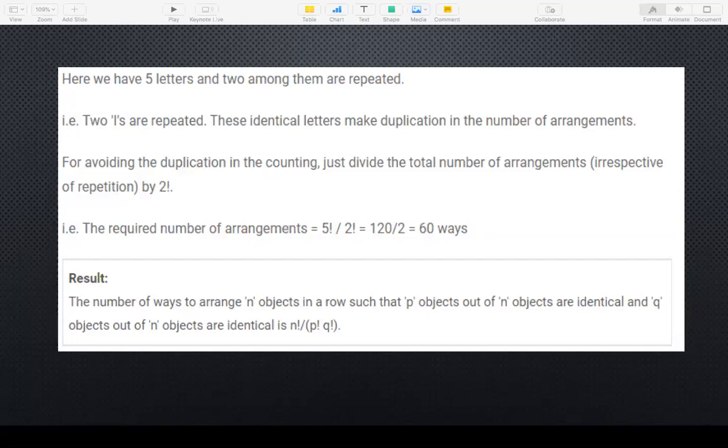Tell me, in how many ways can you arrange the letters of the word letters? Tell me the total number of different arrangements possible.